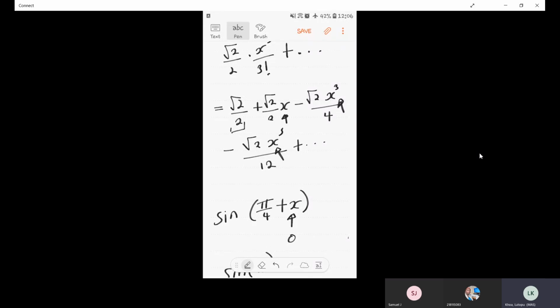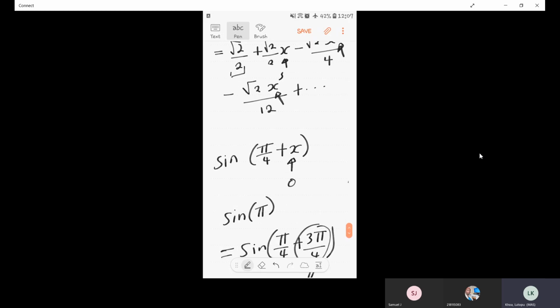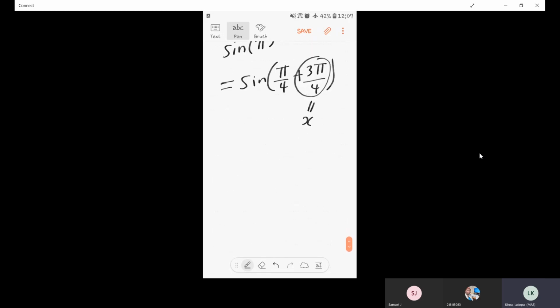For example, 1 over x, you cannot rewrite it as a Maclaurin series, because when you substitute 0, you'll have 1 over 0. So what I'm saying is this: if you have y is equal to 1 over x, you cannot rewrite this as a Maclaurin series, because with every derivative, x is in the denominator, and when you substitute 0 in there, what you have is undefined, even though it has an infinite number of derivatives.